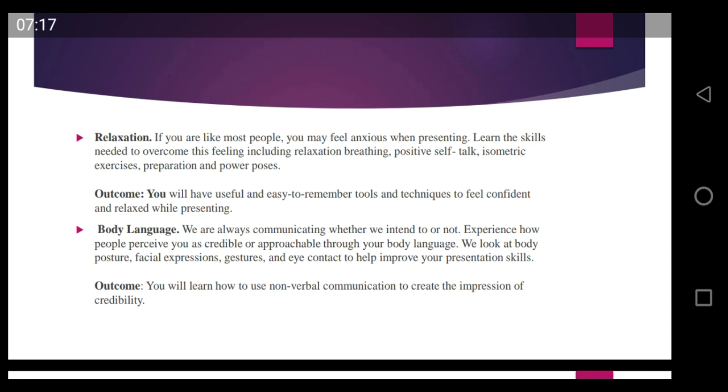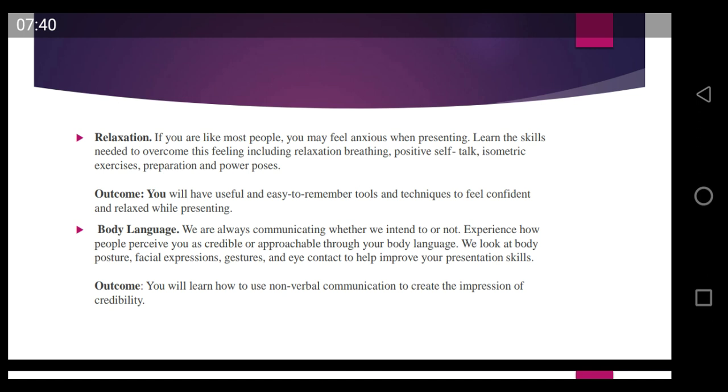So many people are there. I saw in our college presentations, once they come in front of the faculty members, they get tense or anxious when presenting. Once you are under that tension, you are unable to present well. Due to that reason, you should have some relaxation, some breathing, and some positive self talk.